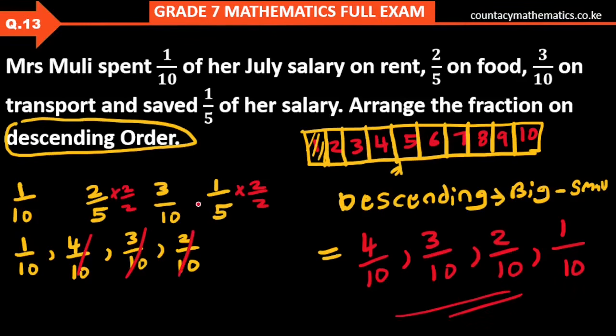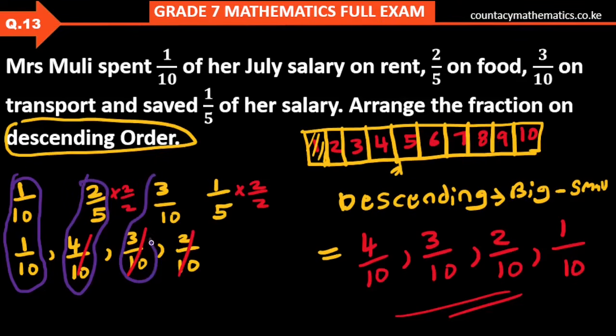But now remember, and this is one of the most important things, the part we have here is important to know well. This 1/10 is equivalent to that 1/10. This 4/10 is equivalent to 2/5. This 3/10 remains 3/10. And this 2/10 is equivalent to 1/5.